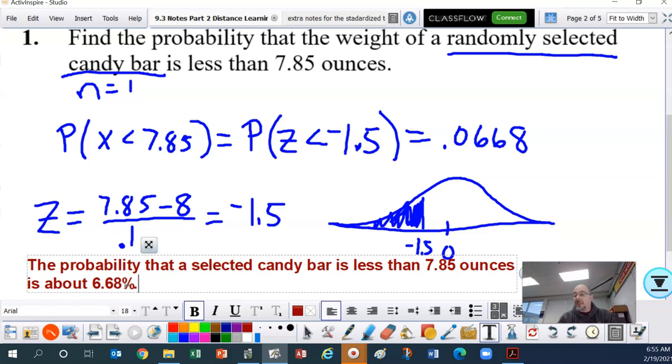If you want to leave it as a decimal, leave it as a decimal. Okay, so that probability is about 6.68% of that happening.